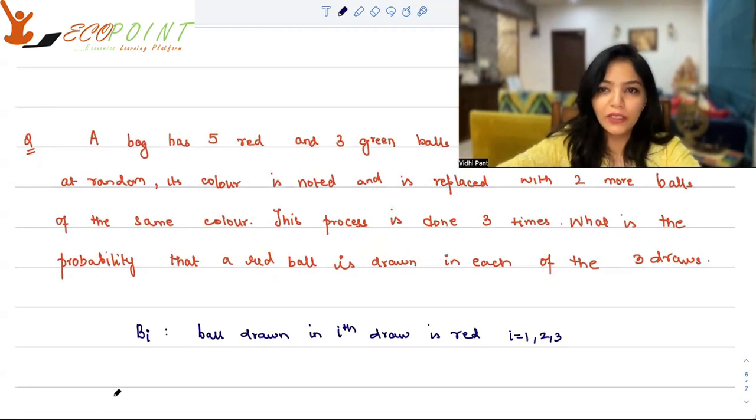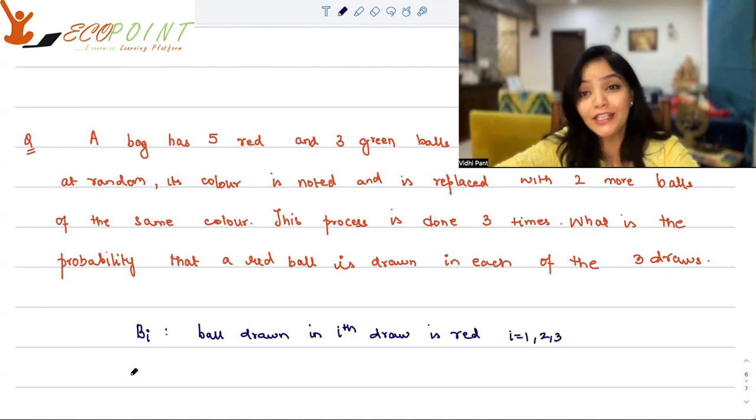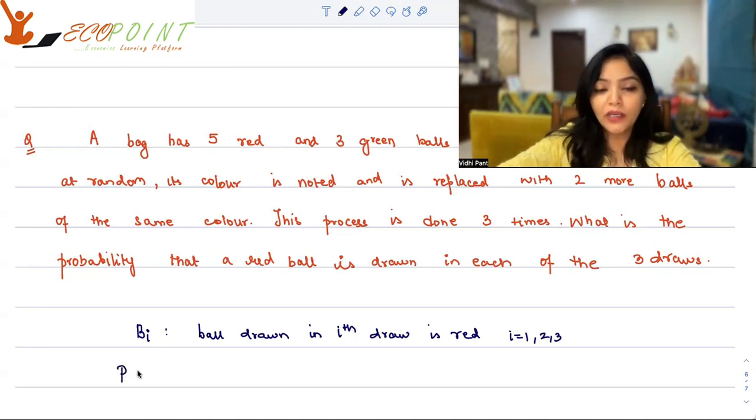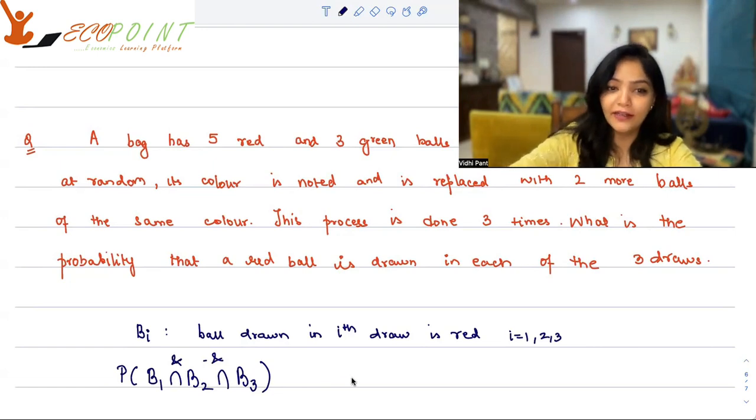We are interested in the probability that I get a red ball in each of the 3, so I'm talking about the probability of B1 intersection B2 intersection B3, because that means in the first draw I get red, intersection stands for and, in the second draw I get red, and in the third draw also I get red.